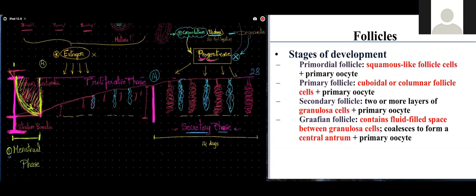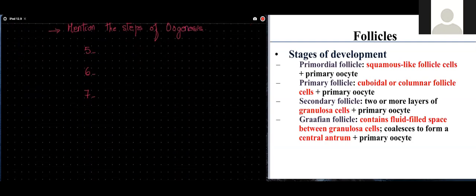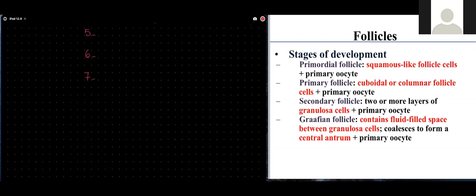Remember, the wall of the uterus is formed of 3 layers from inside out. I've got the internal lining of the uterus. We call this the endometrium. Remember, endo on the inside, and metrio means related to the uterus.